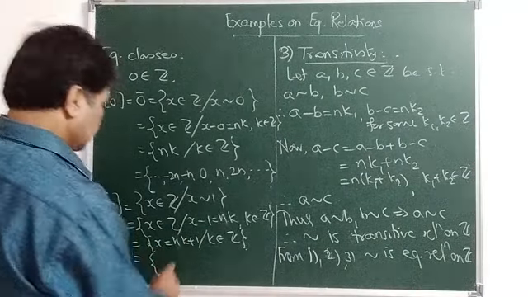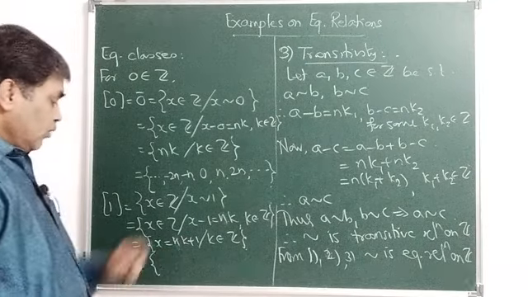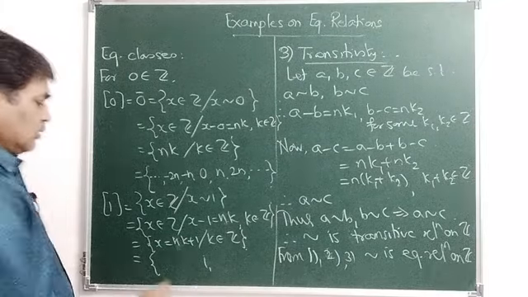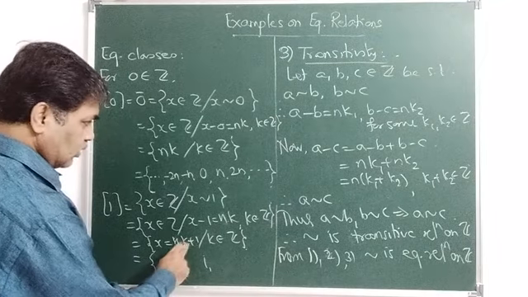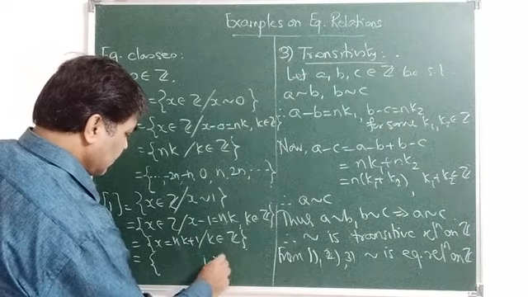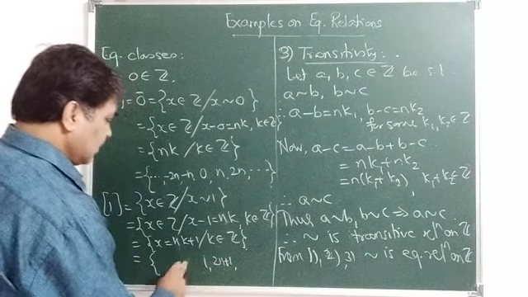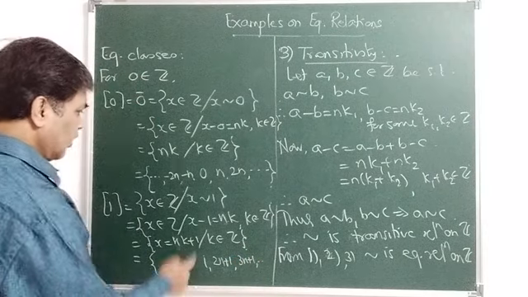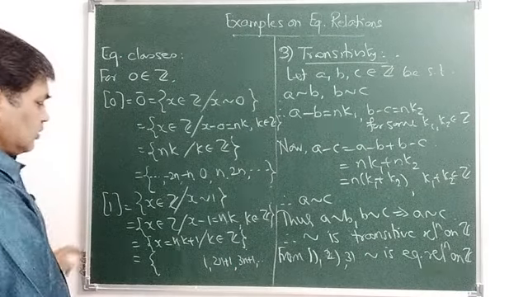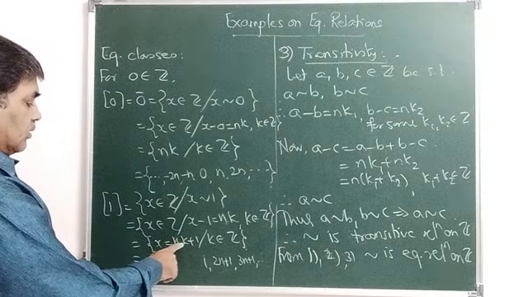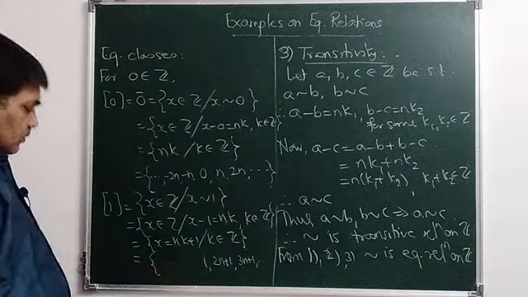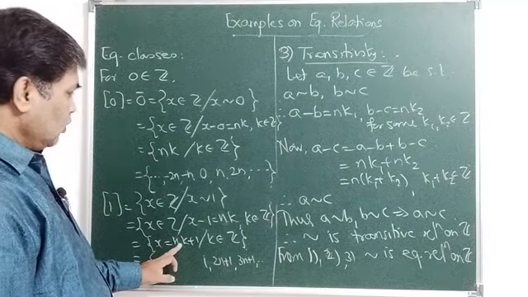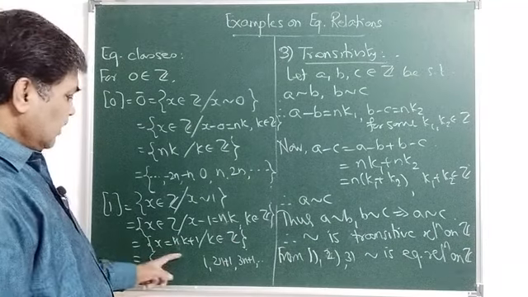Now substitute K equal to 0, I will get 1, then K equal to 1 gives n plus 1, K equal to 2 gives 2n plus 1, and so on.